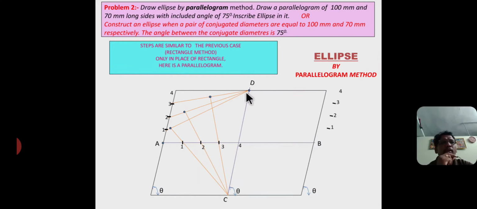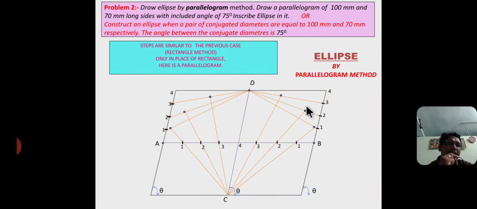Now repeat the same procedure for the other portion. Divide this line into 4 equal parts, and divide this bottom line into the same number of equal parts, and repeat the same procedure. Now these are the corresponding intersecting points.